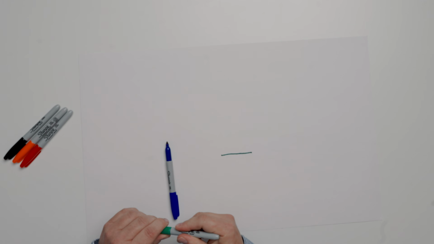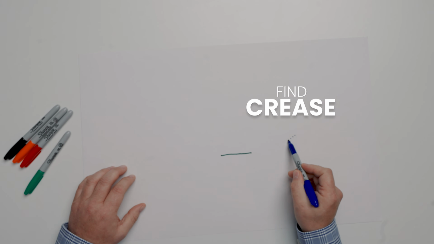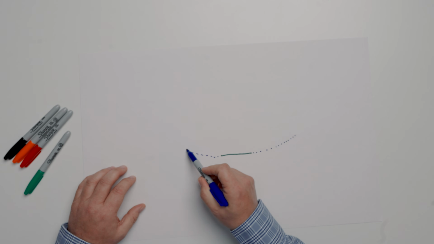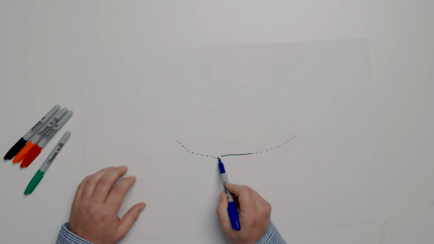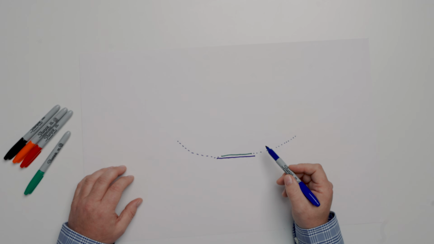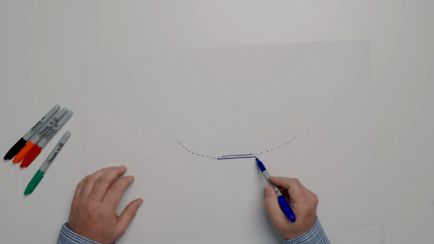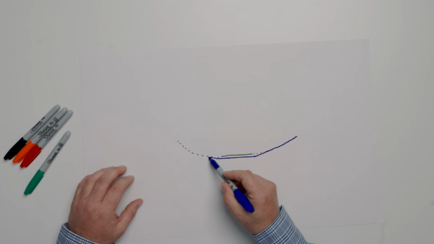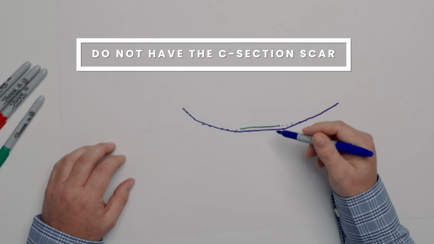Let's say the crease is running in this area, and that's the natural place where we're going to put the tummy tuck scar. Then I'll just drop the incision a hair lower in that central area, and that will allow me to remove the C-section scar, and then the rest of the scar just goes back up into that crease. And so you get a nice low scar and you don't have the C-section scar anymore.